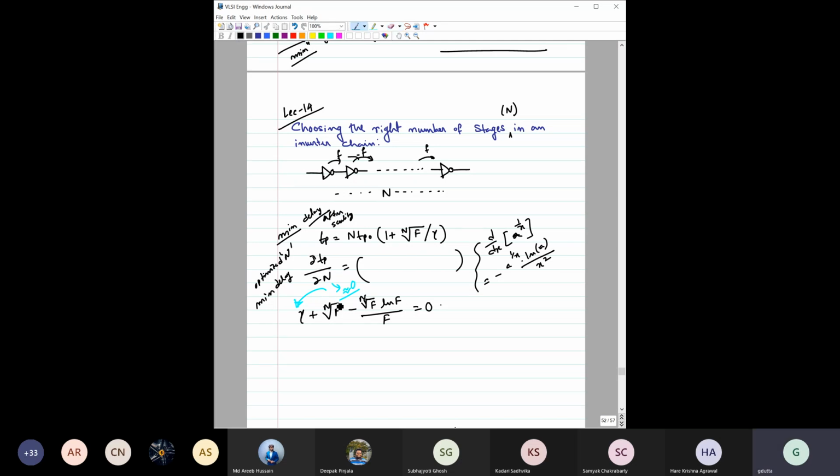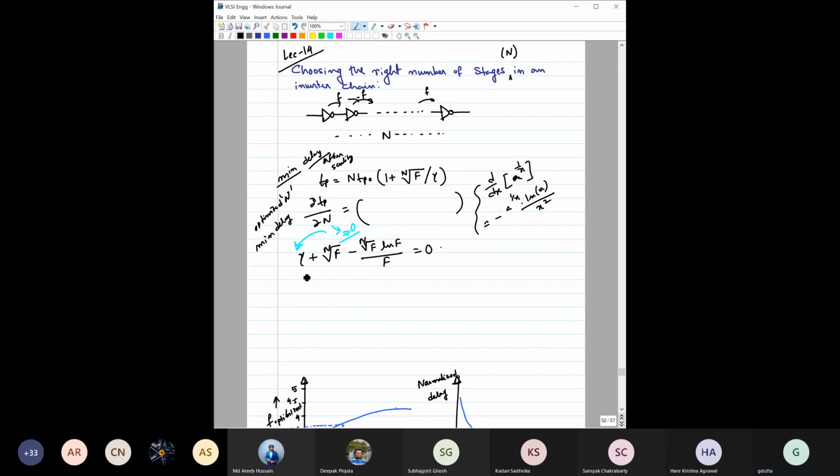So if you try to manipulate this a little bit further, then from here you will see that you can actually write this expression in terms of the small f, where it is 1 plus gamma by f. I encourage you to please check this out, how you can do that.